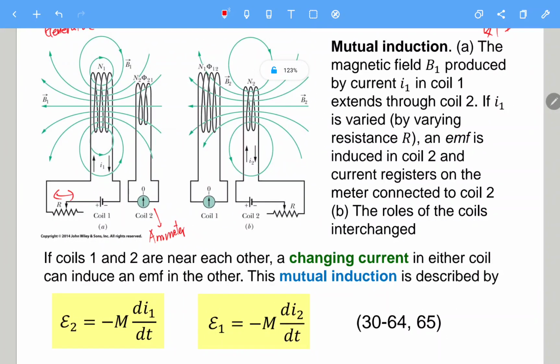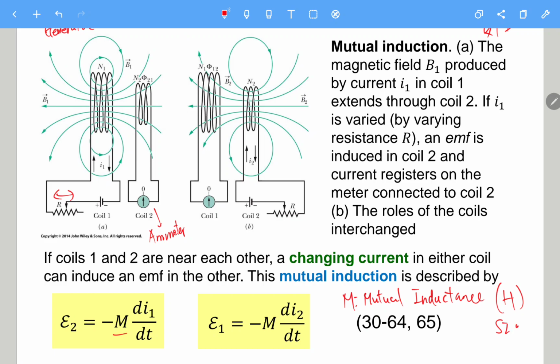The equation is only different by this one. We use M. This M is the mutual inductance, 互感值. The SI unit is still Henry.